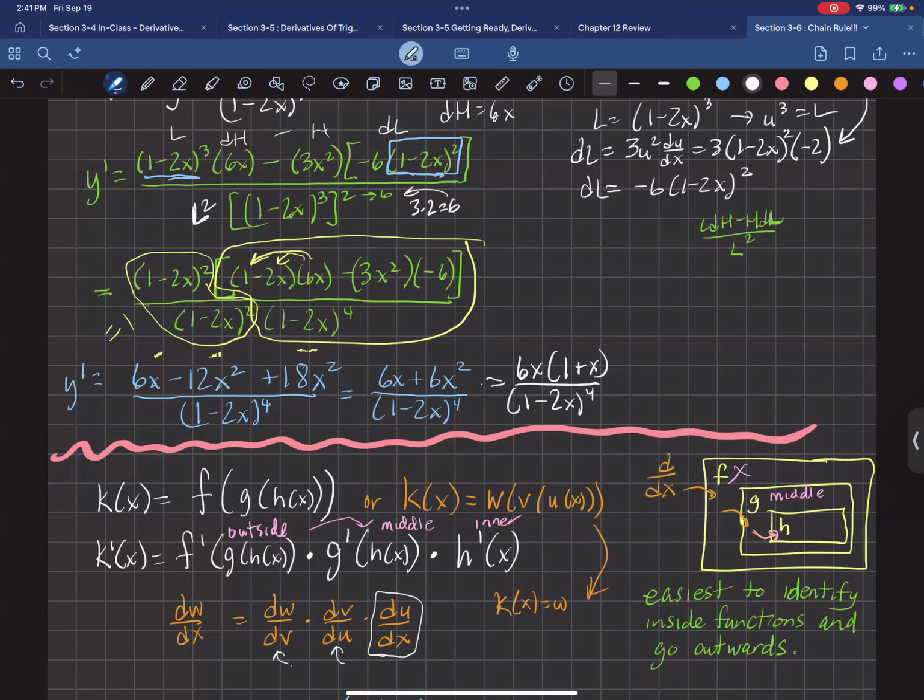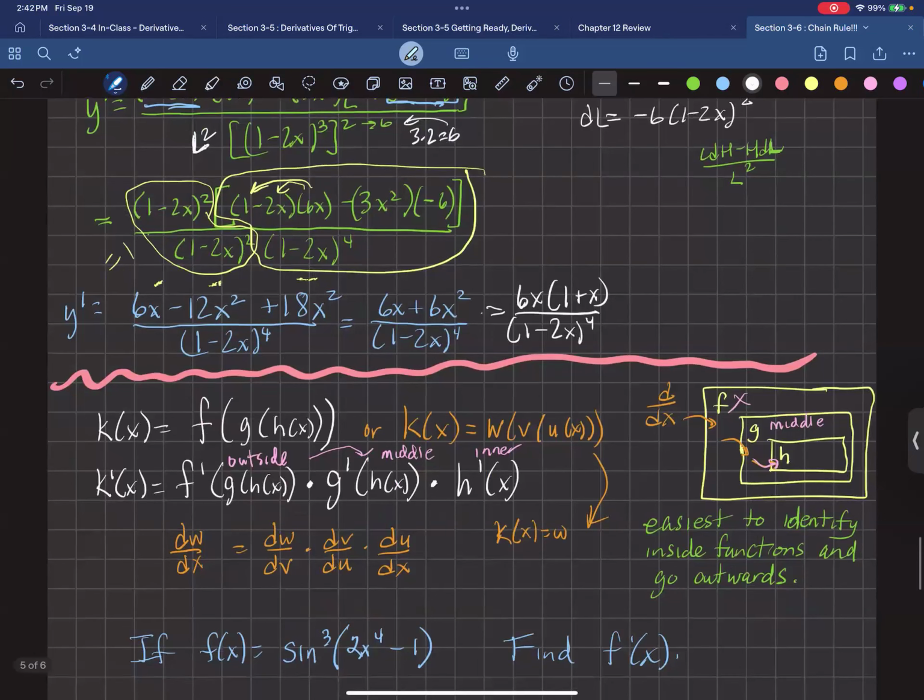And my outer one needs to be with respect to the middle one. Okay? So you're either working outward or going inward, which is what you'll do when you have practice and you're skilled at it. But until then, it's often easiest to start identifying stuff that's on the inside.